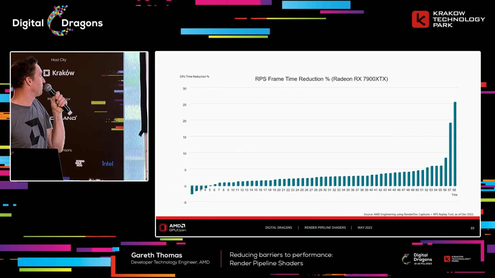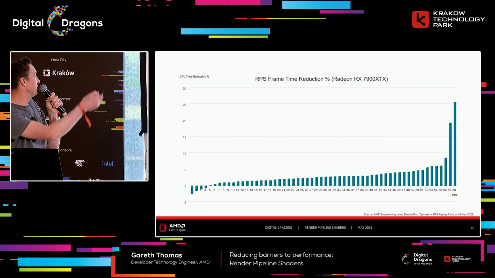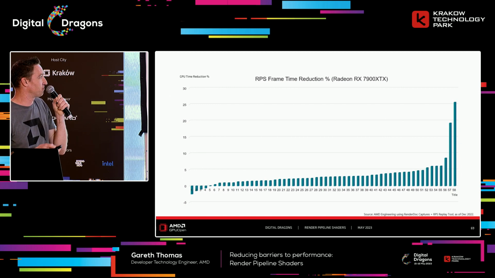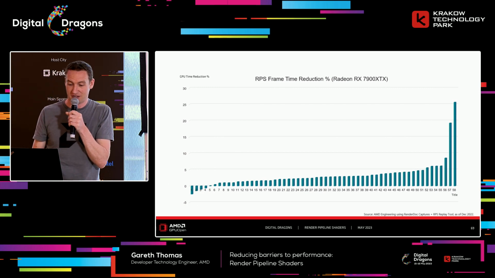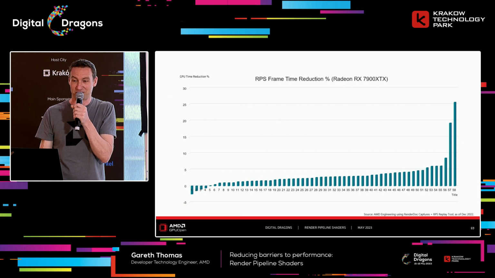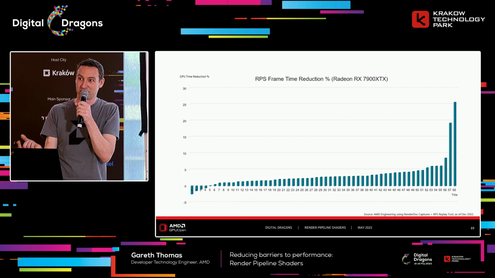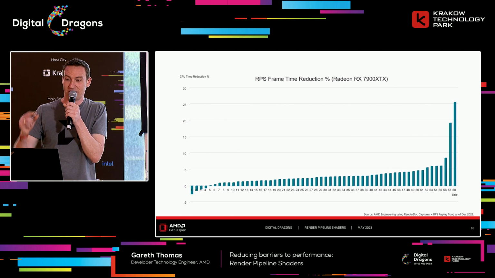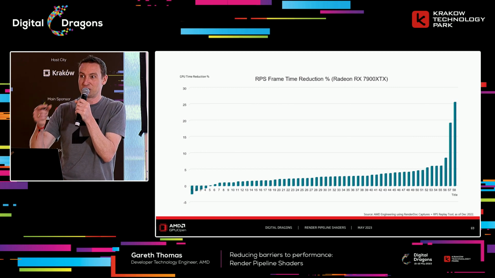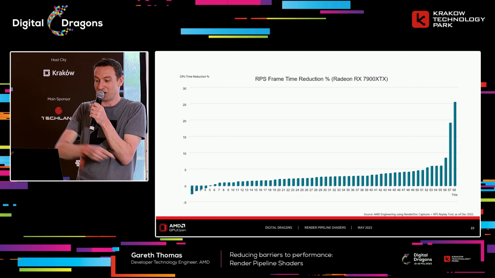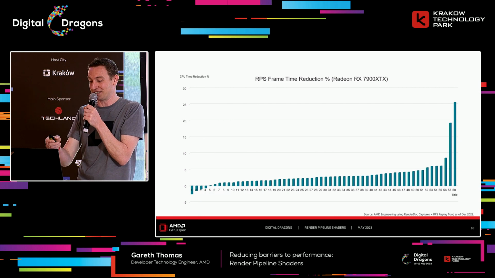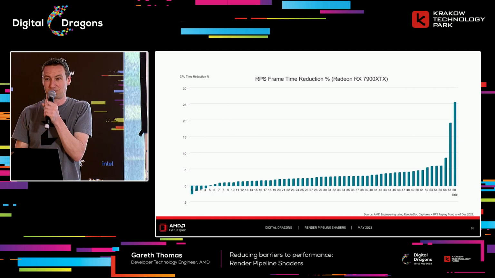At the top end it's quite extreme, but there's a decent few percent speedup. We've got some interesting outliers where RPS has somehow managed to make the game slower. I think what's going on is that because we've extracted the game from a frame debugger, some of these games might have resources that are bound which are not real dependencies. If you've got a UAV bound for loads of passes, it's going to detect that as a dependency, which it doesn't need to. So that's probably what's going on here.